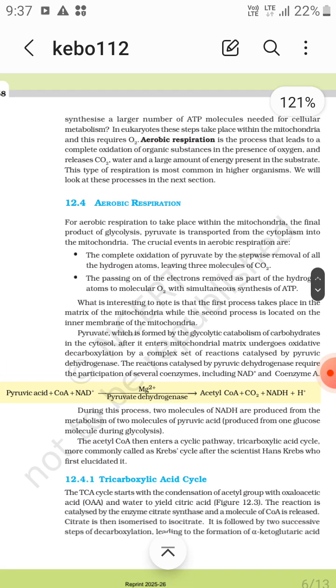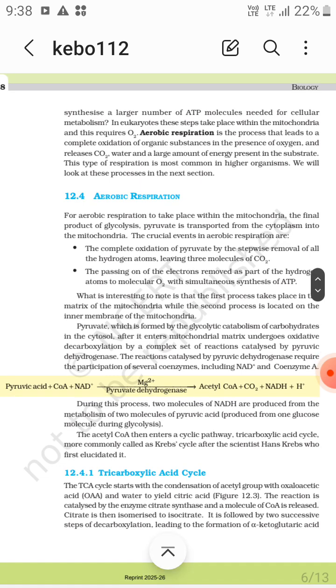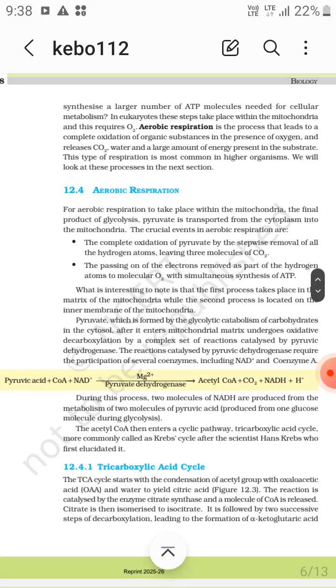For aerobic respiration to take place within the mitochondria, the final product of glycolysis, pyruvate, is transported from the cytoplasm into the mitochondria. The crucial events in aerobic respiration are the complete oxidation of pyruvate by the stepwise removal of all the hydrogen atoms, leaving 3 molecules of CO2.